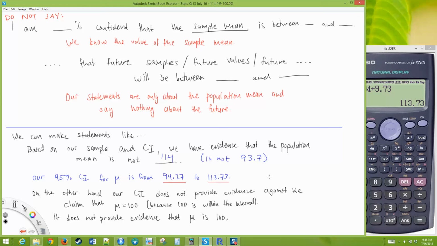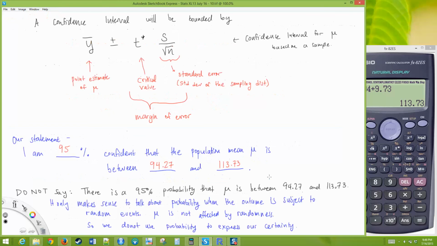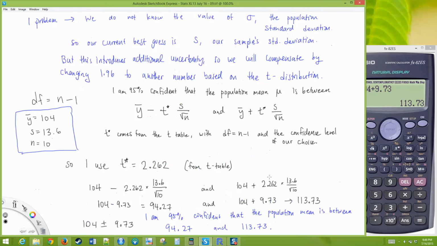Okay, and I want to explore this even further, and I don't want to beat this to death or anything. So let's look at this. We looked at our confidence interval, and we did 104 minus 2.262 times 13.6.